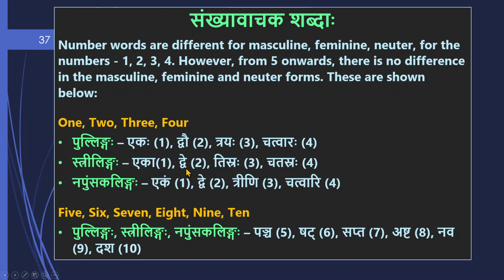Strilinga: eka, dve, tisraha, chatasraha. Napumsakalinga: ekam, dve, trini, chatvari. For 5, 6, 7, 8, 9, 10, in Pullinga, Strilinga and Napumsakalinga, all the lingas are Pancha, Shat, Sapta, Ashta, Nava, Dasha, like this.